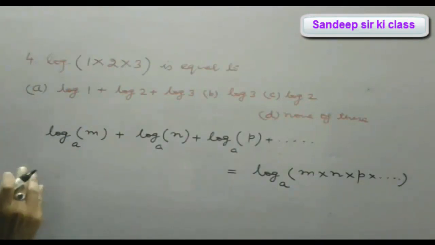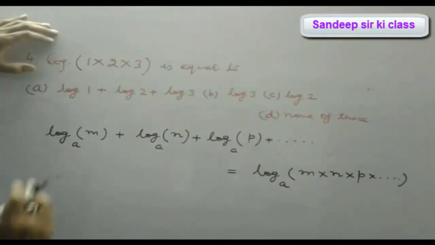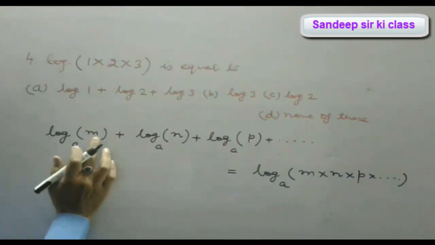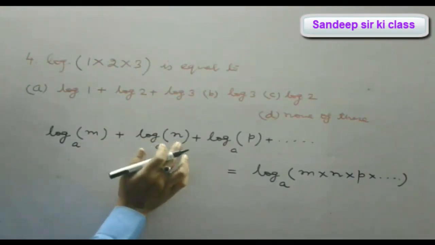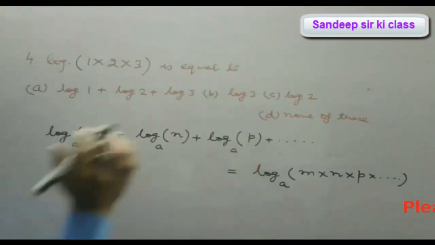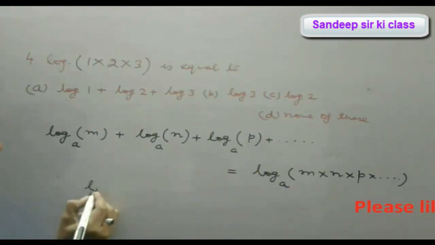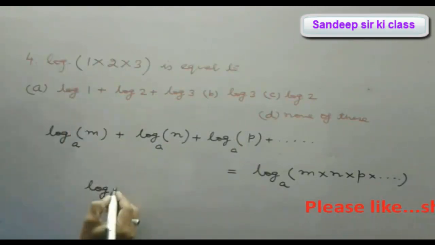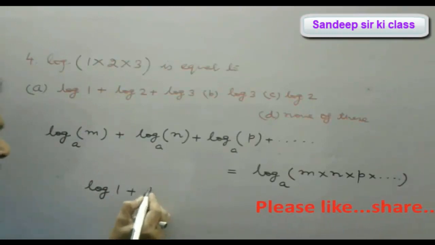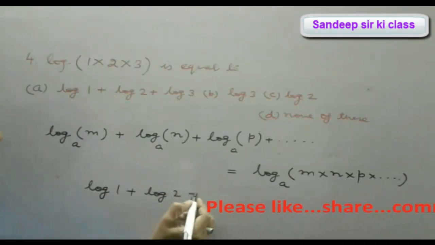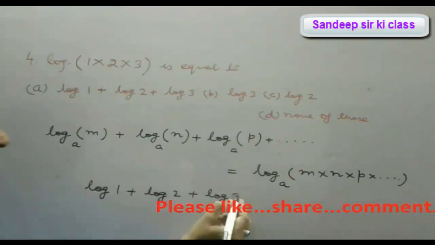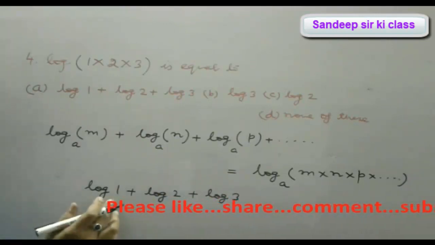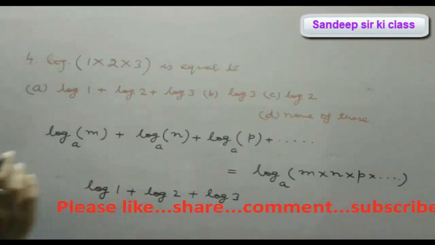With this rule, if I write 1 as m, 2 as n and 3 as p, then our required answer will be log of 1 plus log of 2 plus log of 3. This will be with the same base 10.